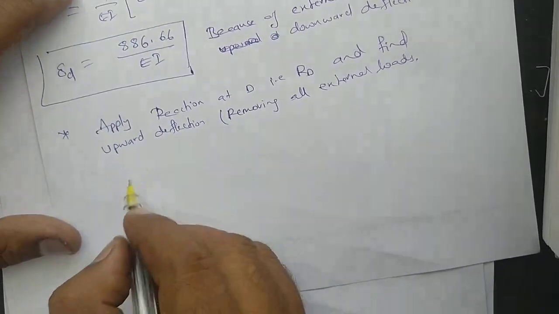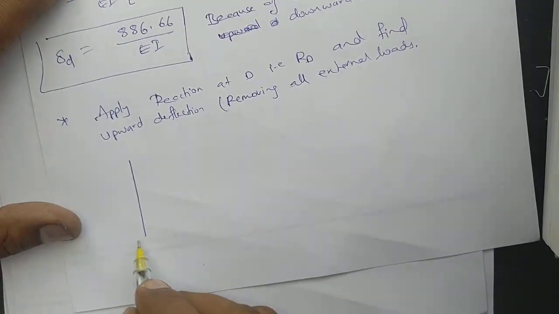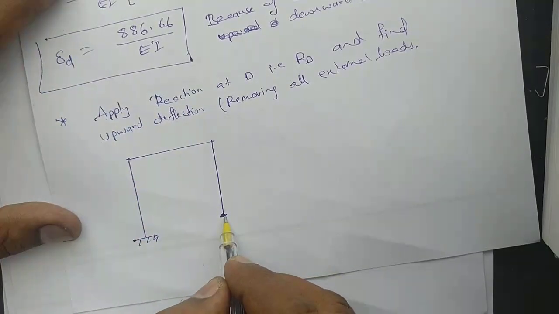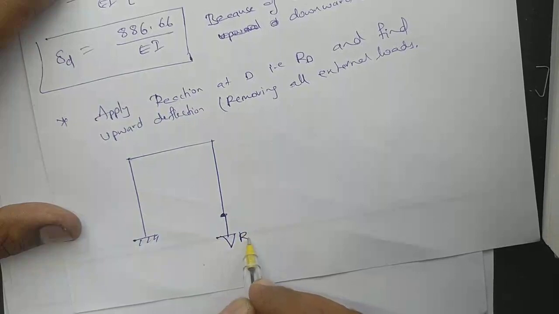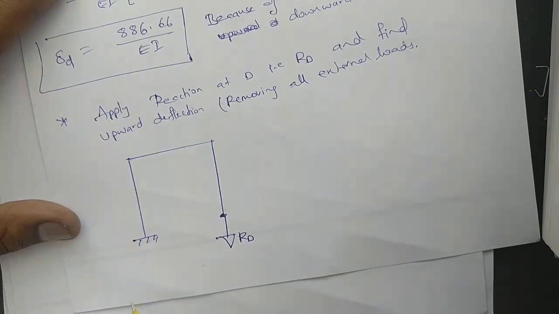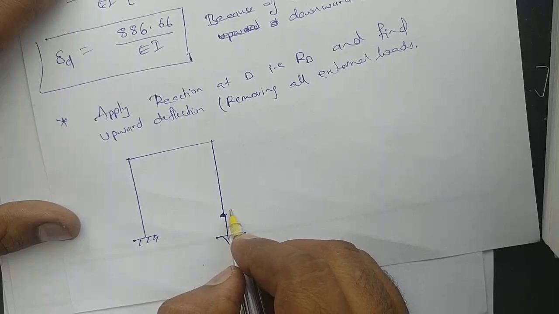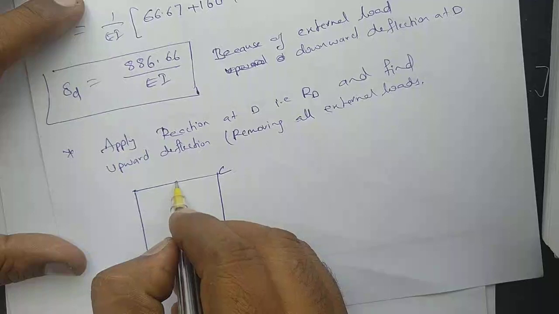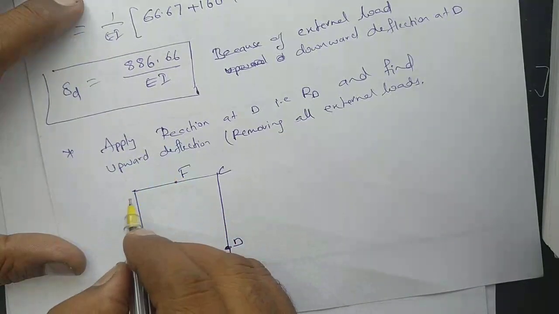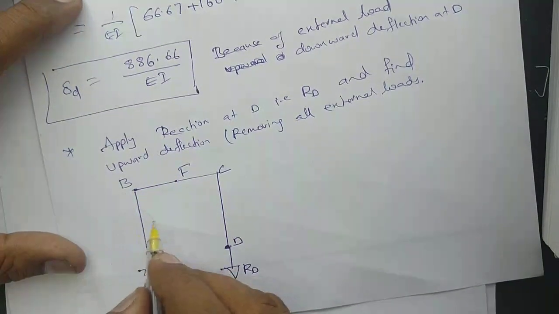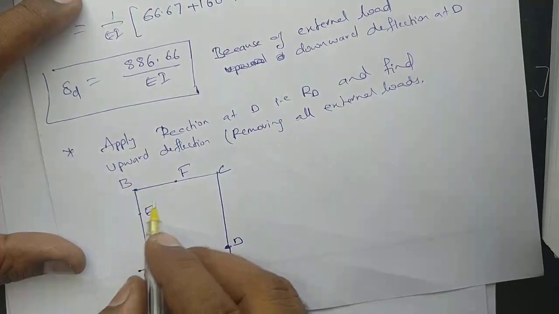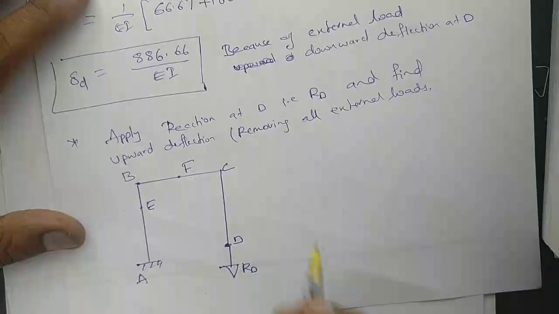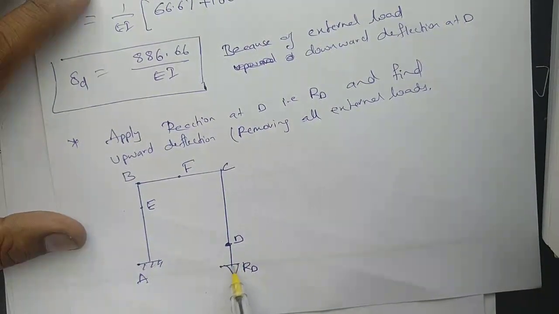So what we have to do is, for this frame, at this point we have to apply RD, and again we have the same procedure, D, C, F, B, E, A. So this RD is now the force.